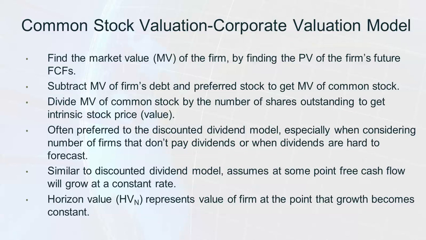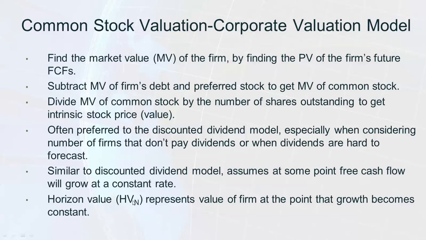In this one, assume that at some time in the future, the free cash flows start getting constant. That's also similar to the dividend discount model I just showed you. Find the horizon value at the beginning of the year where the cash flow starts getting constant. That's very important.